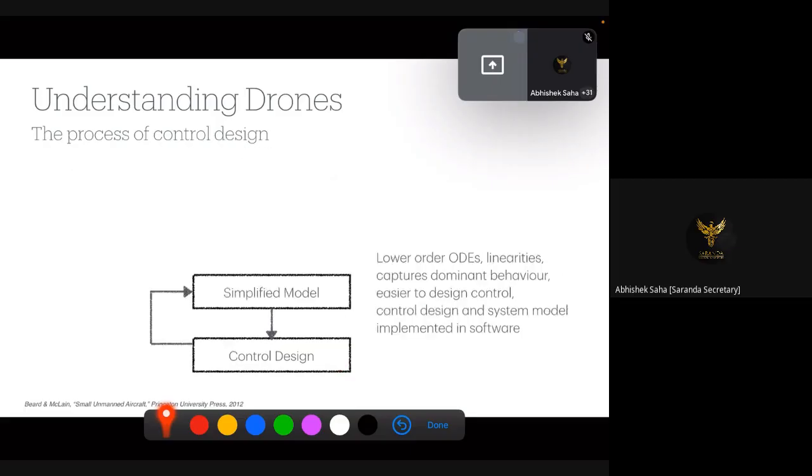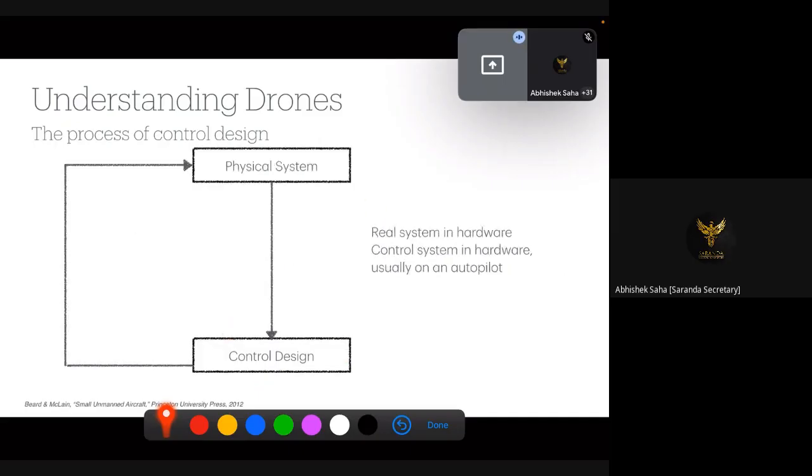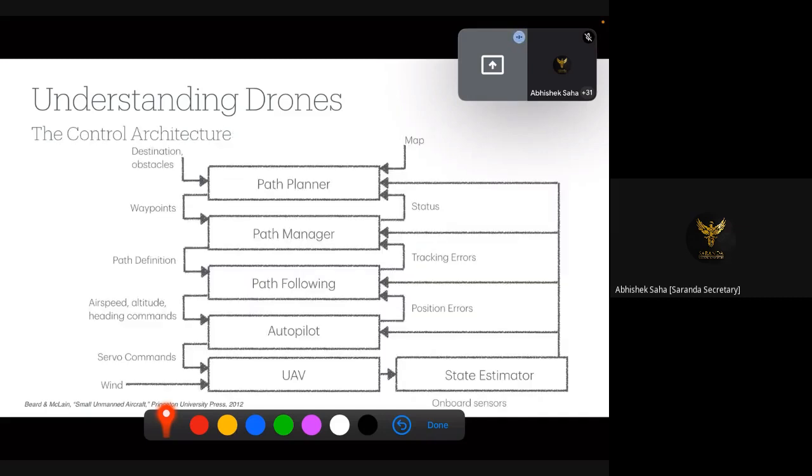Unlike in the previous two cases, where the simplified model and the controller, or the detailed simulation model and the controller, were in the software, here the physical system is the hardware and the controller is the software. So the hardware and software start interacting, and this is where we do the last tunings for achieving the desired performance. So this is how a control is designed.